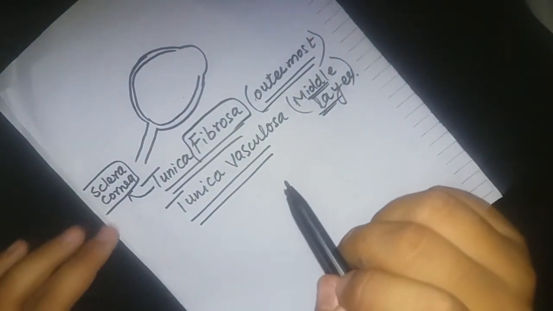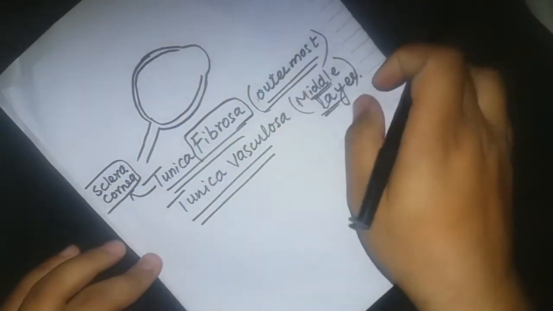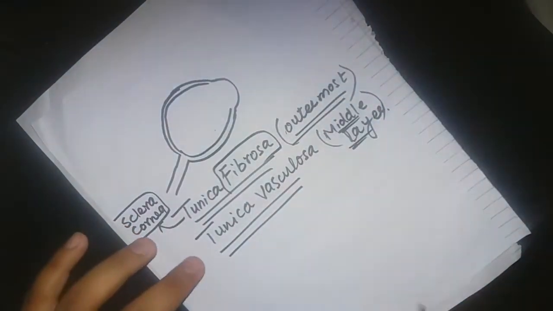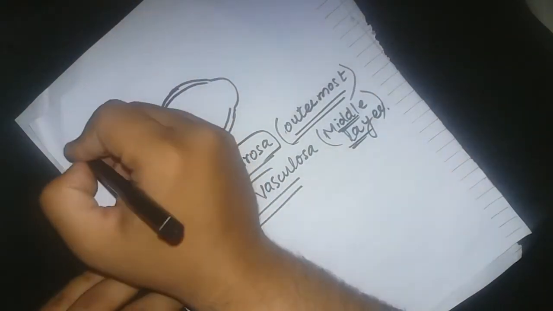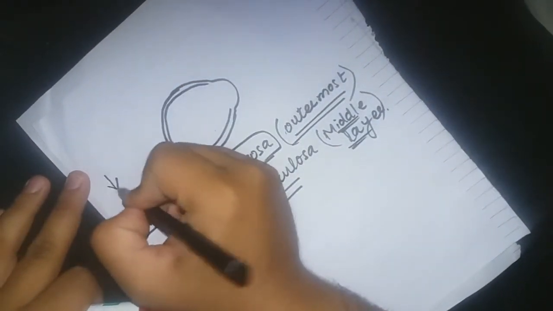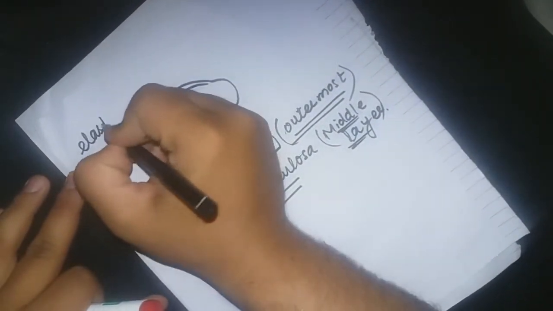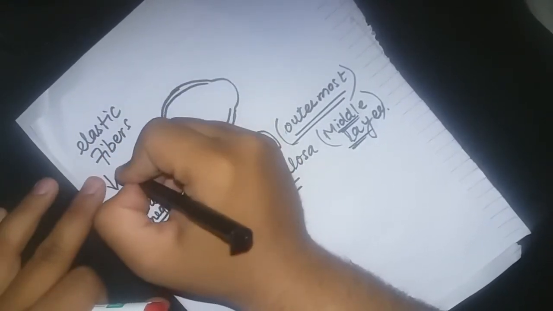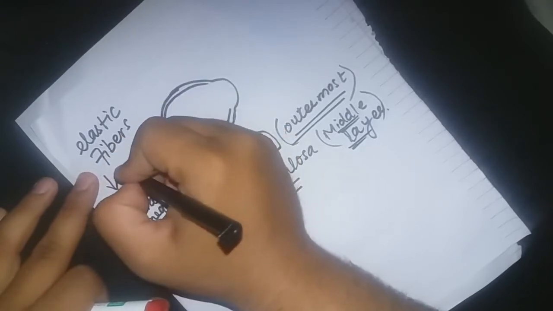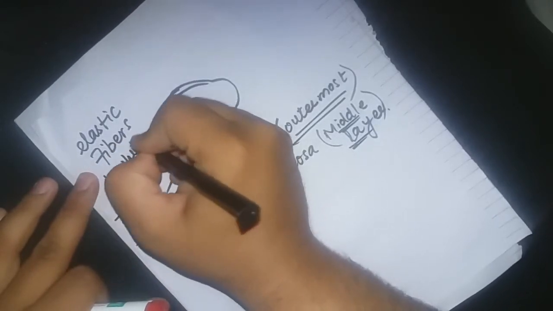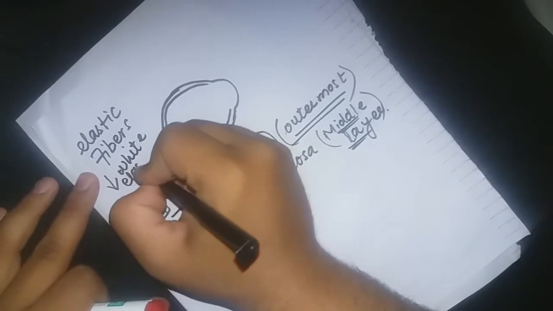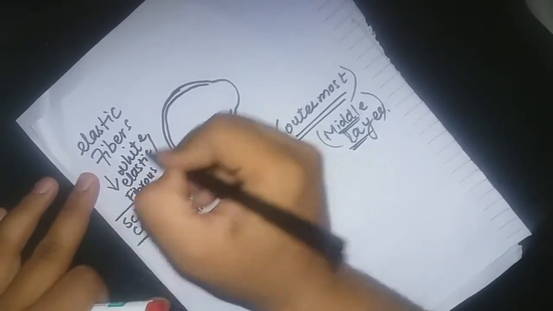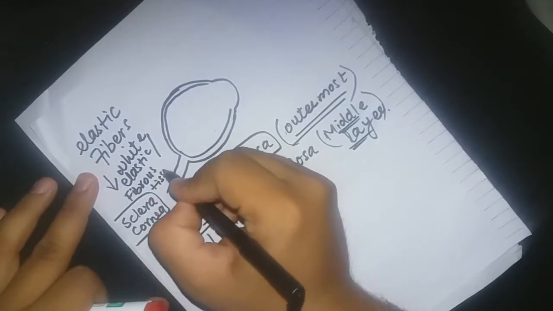They are made of fibrous tissues, elastic tissues, or you can say that the sclera is made up of white elastic fibers or fibrous tissues.